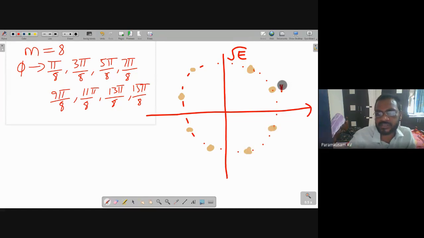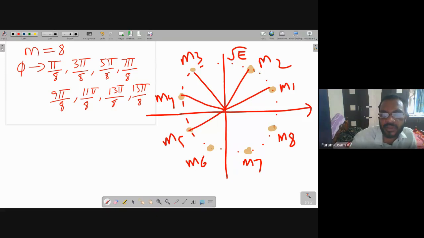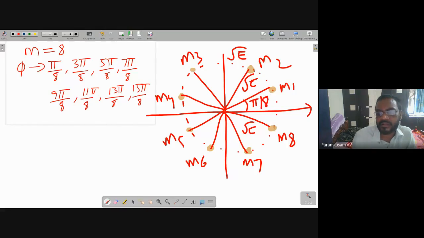ఫోర్త్ క్వాడ్రంట్ లో ఉంటాయి. సో దిస్ ఈజ్ M1, M2, M3, M4, M5, M6, M7, M8. రేడియస్ అన్నిటికీ సేమ్ ఉంటుంది, అంతా రేడియస్ √E. ఫేజ్ యాంగిల్ ఫస్ట్ దానికి π/8, దీనికి 3π/8, దీనికి 5π/8.